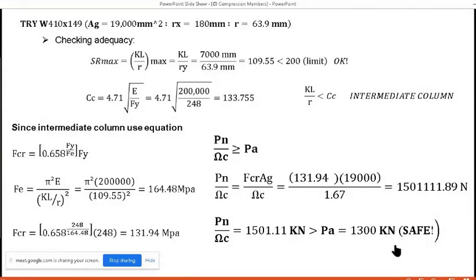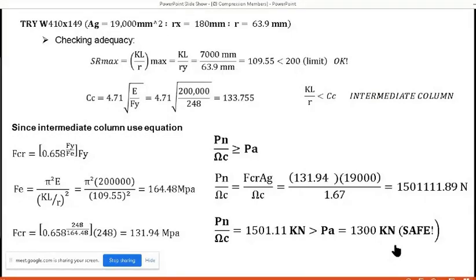Ang tanong, it is safe, but the question is it economical? So we don't know if it is economical. Diba? So we need to check another trial section. Kasi yun din yung isang factor in designing structural members.